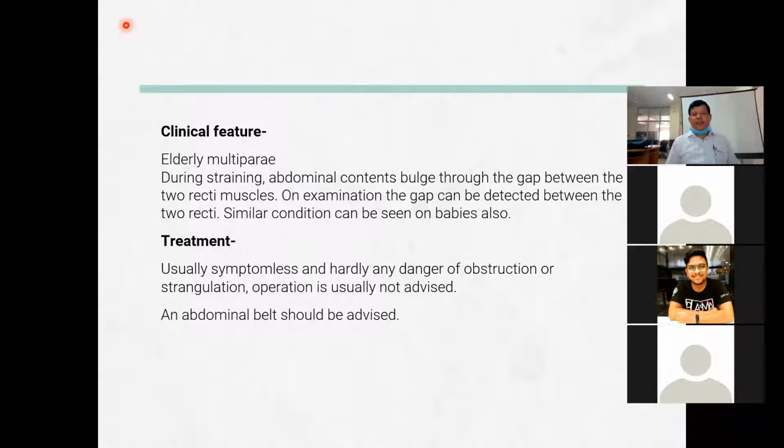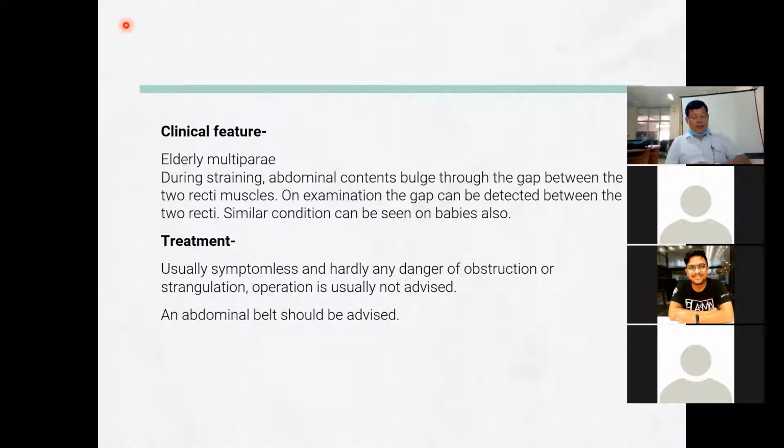During straining, the abdominal contents bulge out through the gap between the two recti muscles, and on examination the gap can be detected easily. When we insert four fingers, the two medial edges of the recti muscles can be palpated. A similar condition may sometimes be seen in babies with thin build, but that is physiological and usually recovers when the baby grows and good health appears.